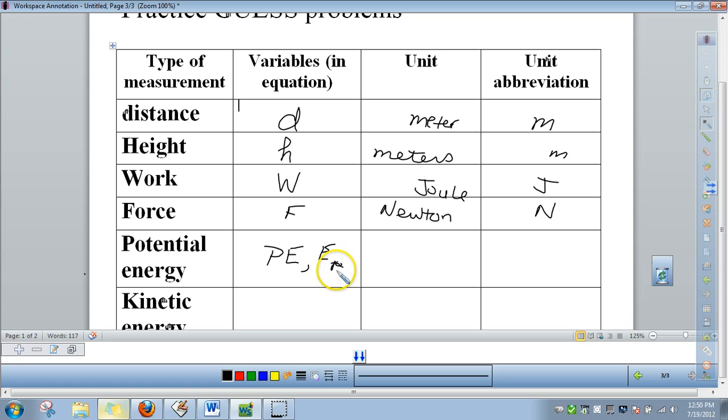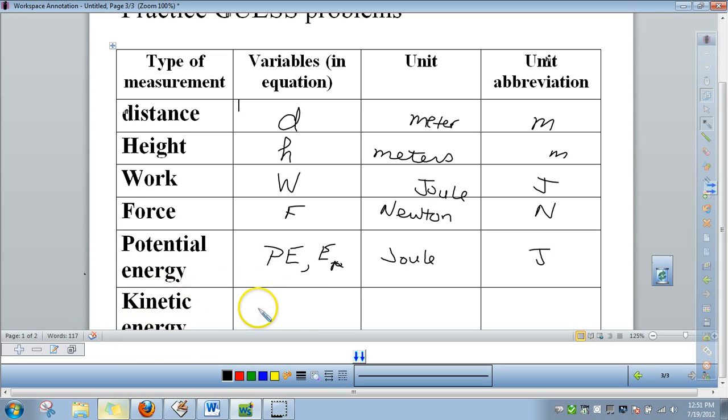It can be potential energy, kinetic energy, thermal energy, chemical energy. But the main thing, all of those are energy. So we use a subscript, little p, to identify what kind of energy we're talking about for that particular problem. However, your textbook uses capital P, capital E. So either one of these are correct. The unit for both work and energy is the joule, and we already stated that that is a capital J.